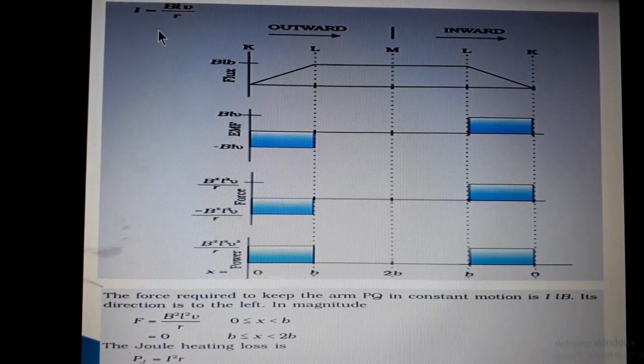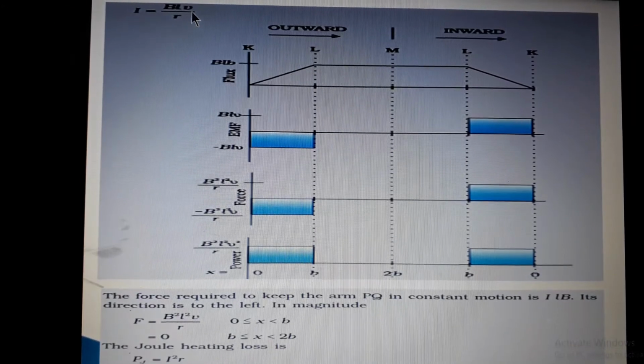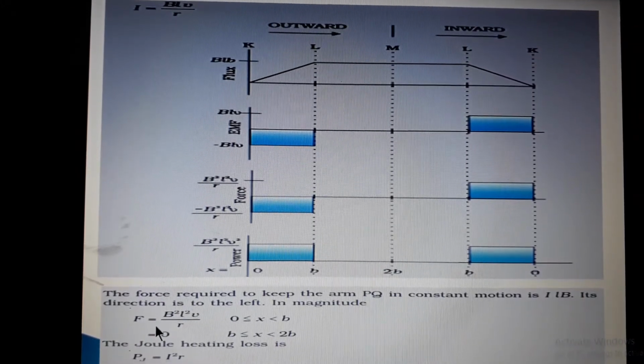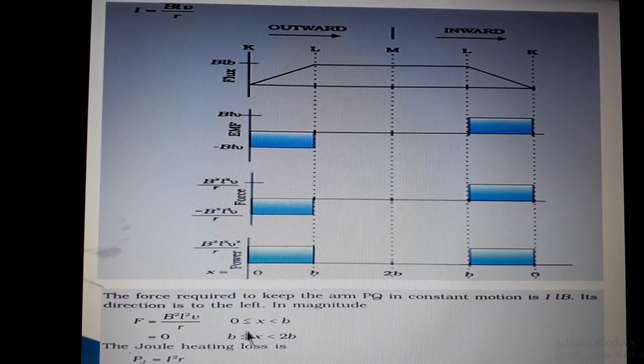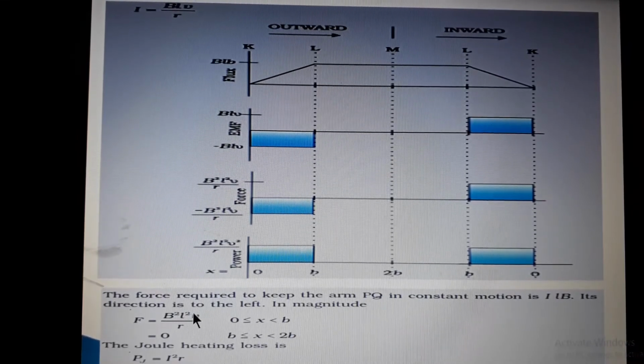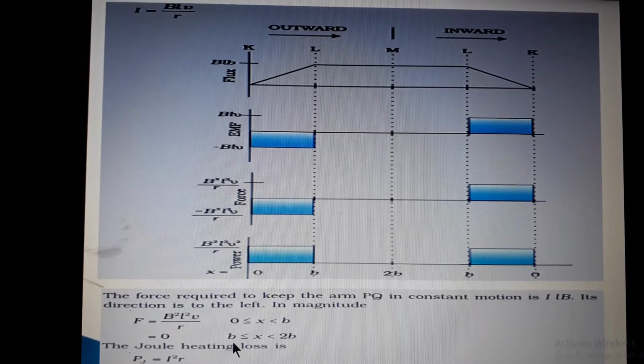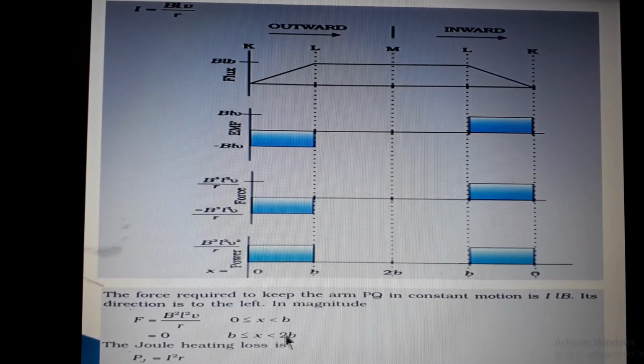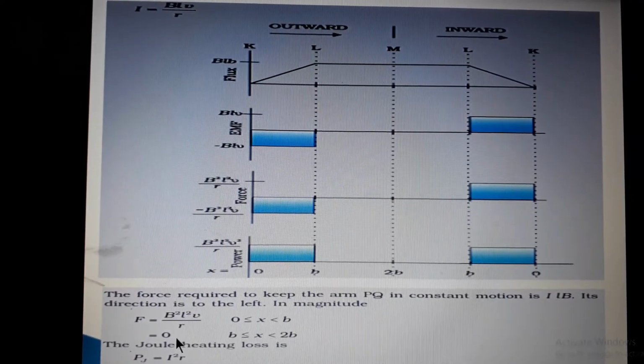And then the current I is BLv by R, as you know. Then find the force. Again from 0 to b, the force is B squared L squared v by R. But from b to 2b there is no magnetic field, so EMF is zero and force is equal to 0.